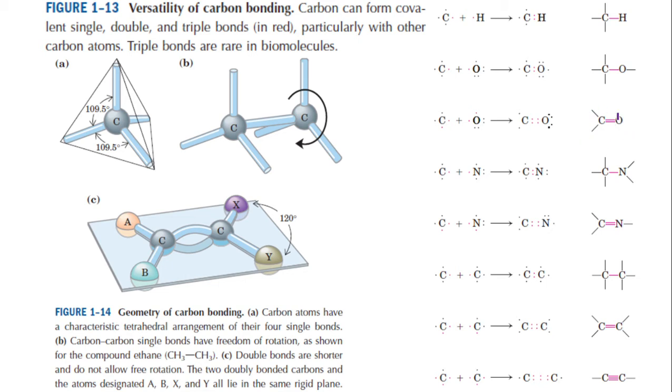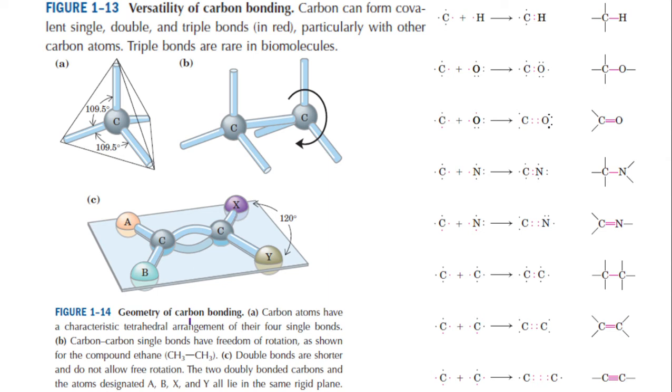Remember, carbohydrates are either aldehydes or ketones. Again, carbon-nitrogen single bond, as you see in the case of amino acids; carbon-nitrogen double bond is there; carbon-carbon single bond is present in most of the biomolecules; carbon-carbon double bond is present in some of the fatty acids, etc. So this is a common feature in biochemistry.